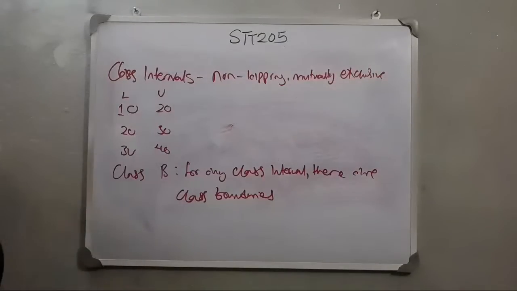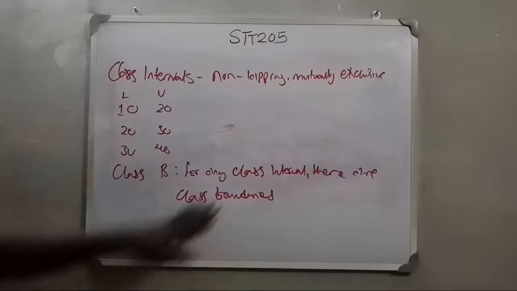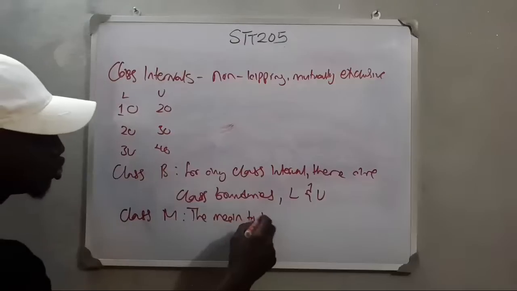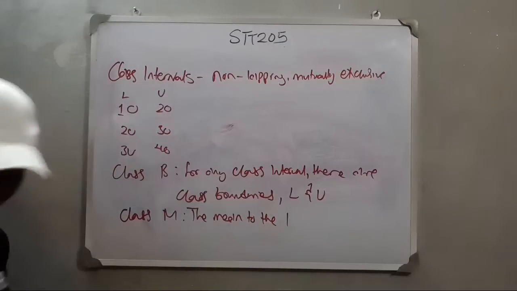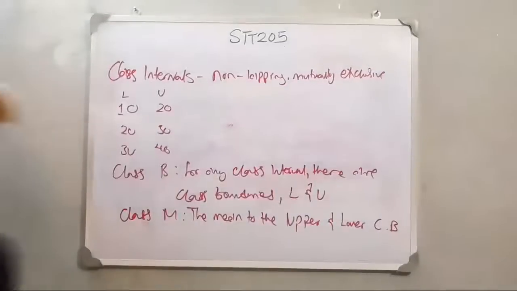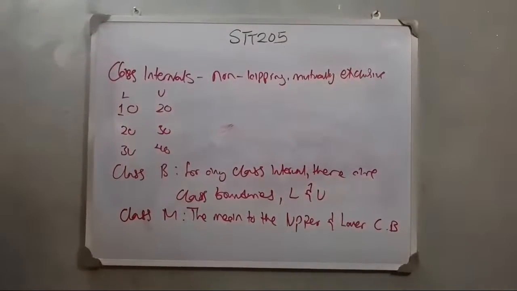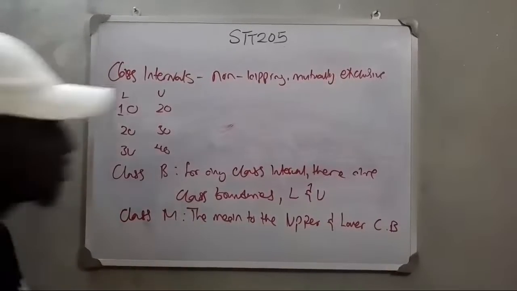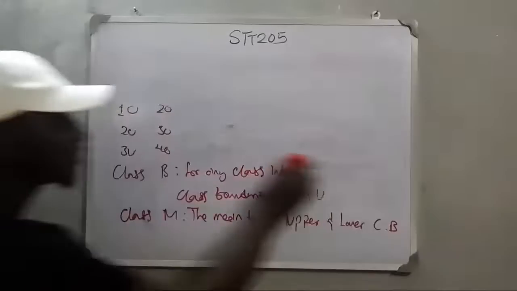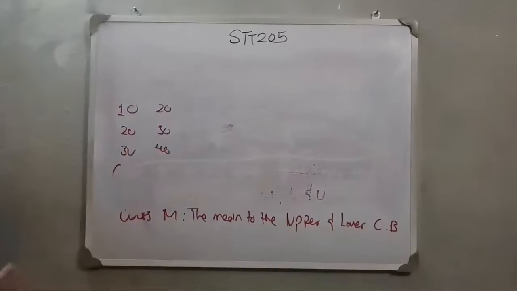For any class interval, we have the class mark, which is the mean of the upper and the lower class boundary. Now, there is something we call grouped and ungrouped data.